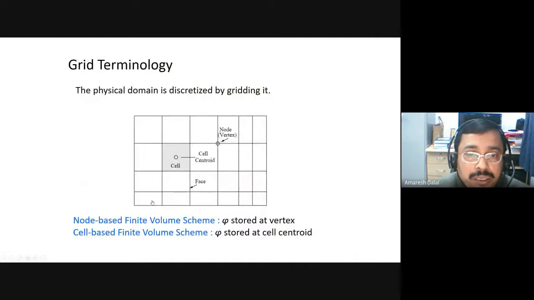So in grid terminology, when we use a finite difference method, generally we discretize these equations at the node or vertex. But when we use finite volume method, generally we integrate over a cell, and this is known as the cell centroid. And these are the faces, and this is known as the face center, the center of the face.